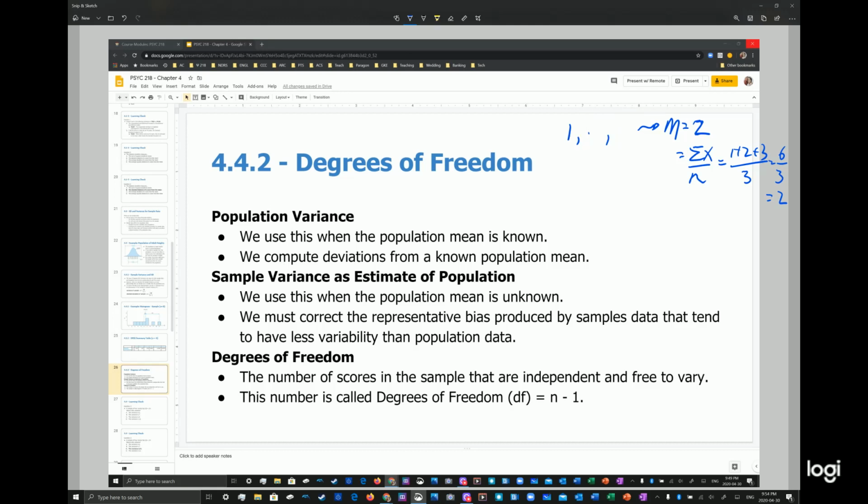When the outline says degrees of freedom is defined as the number of scores in the sample that is independent and free to vary, that means, except for one value that could be quote-unquote missing, and you know what it is if you know all the other values, for example, in this case, 2, degrees of freedom would say that this value here, which I'm going to shade now, is that piece of information that's no longer independent.